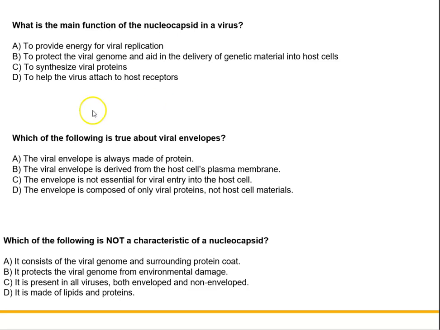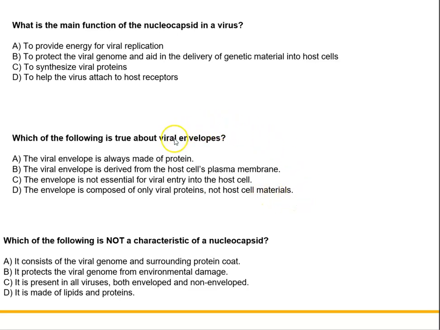Okay. Which of the following is true about viral envelopes? The viral envelope is always made of protein. The viral envelope is derived from the host cell's plasma membrane. The envelope is not essential for viral entry into the host cell. Or the envelope is composed only of viral proteins, not host cell materials.